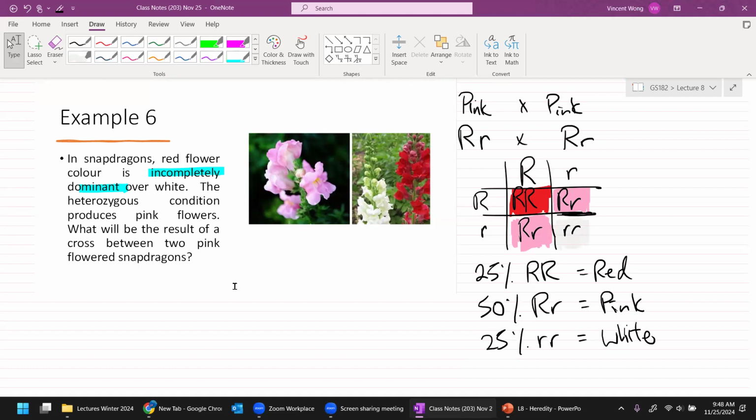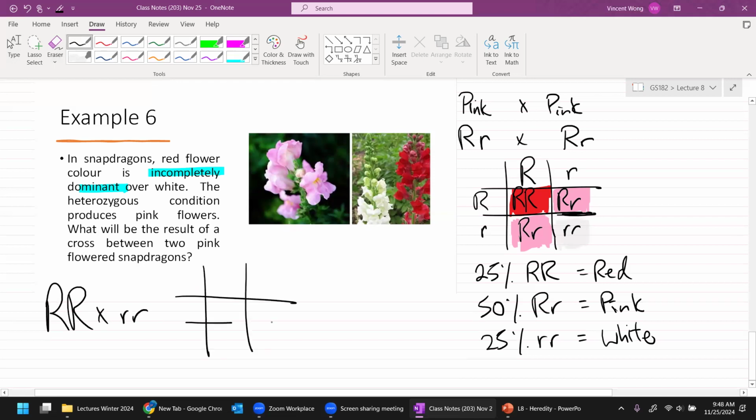If I only want pink, what parents should I start with? I only want to make pink flowers because that's all people want to buy. What parents would guarantee the highest pink yield? Big R, big R cross small r, small r.